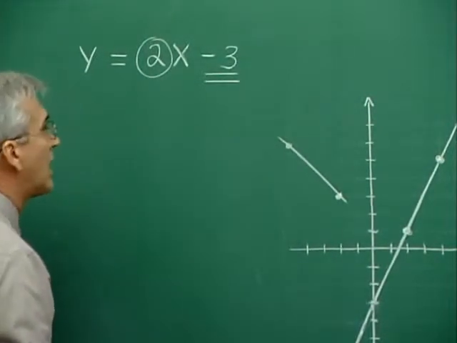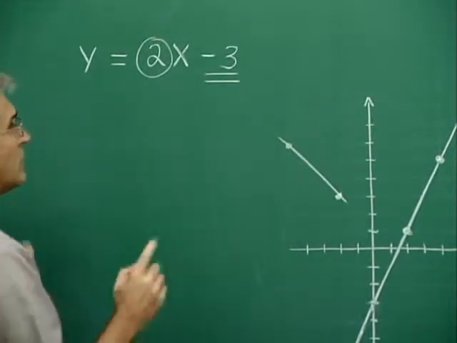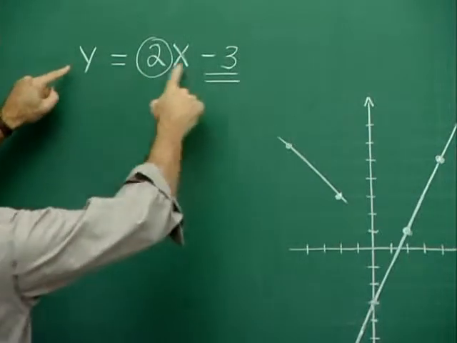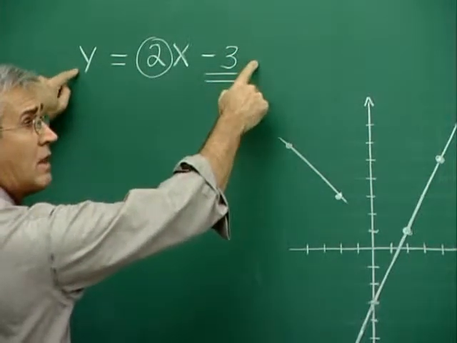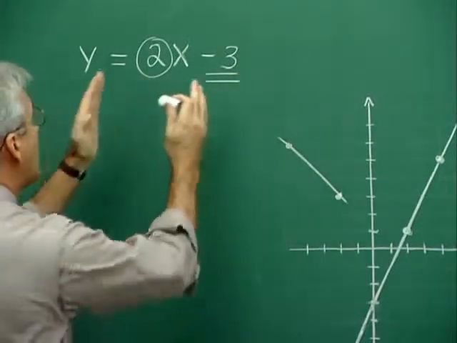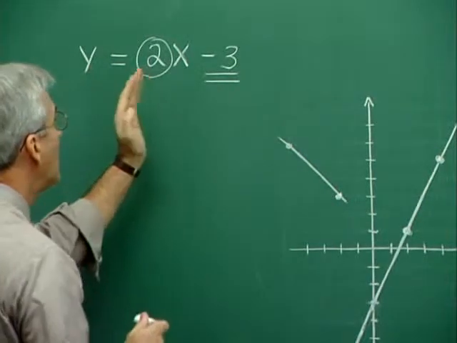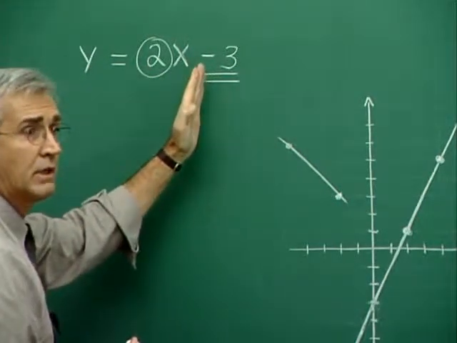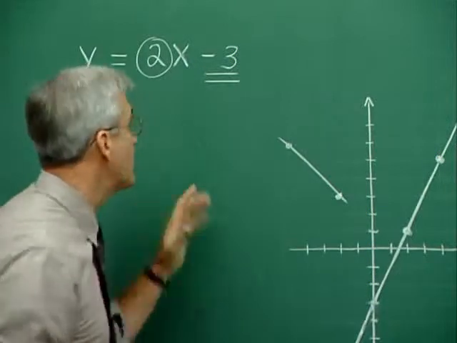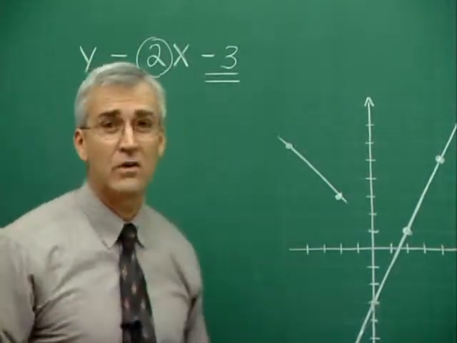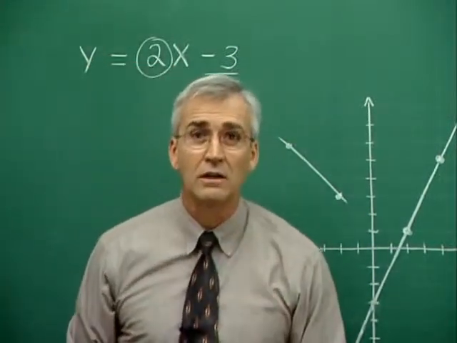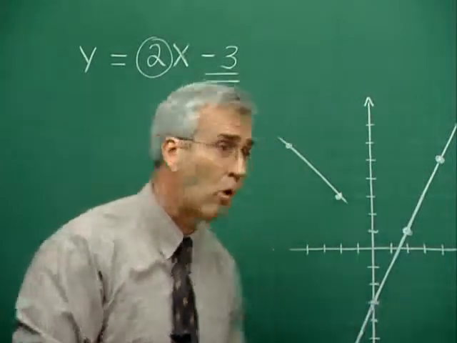That also is not an idle coincidence. It turns out that when a linear equation is written in this form, we can read right from the nature of the equation the slope and the y-intercept. And then it's no surprise that this form of a linear equation is cleverly called the slope-intercept form.